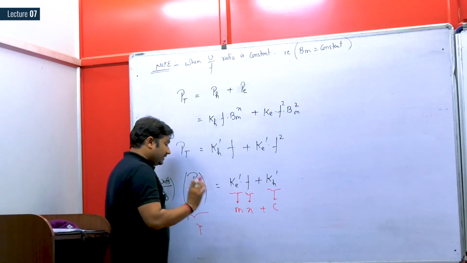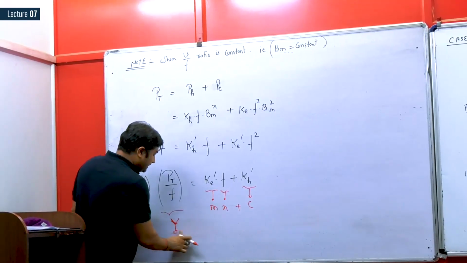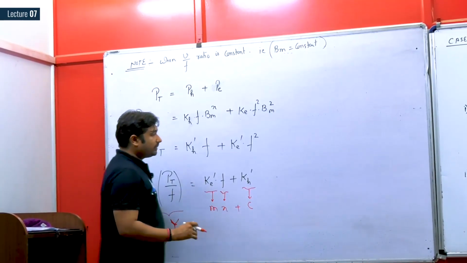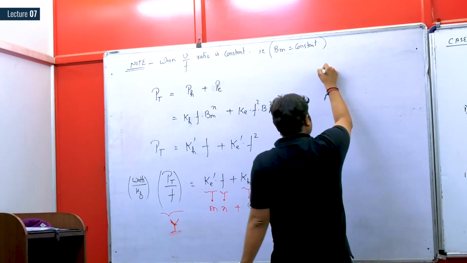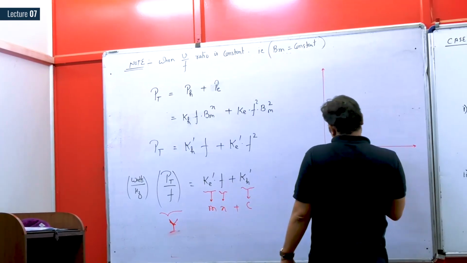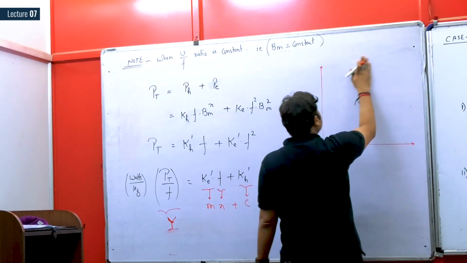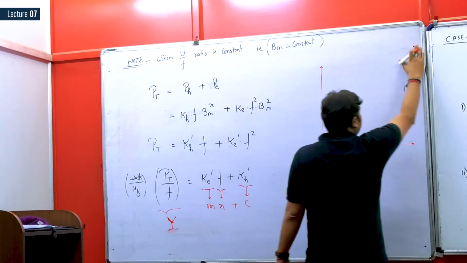Pt by F is representing the y-axis. So this equation can be represented by a straight line. The benefit of using this straight line is that once we know the loss at one point, we can find the loss at any operating frequency.